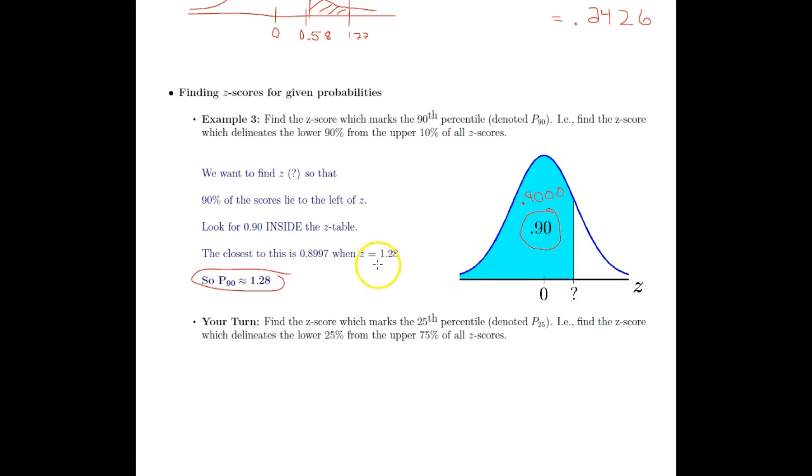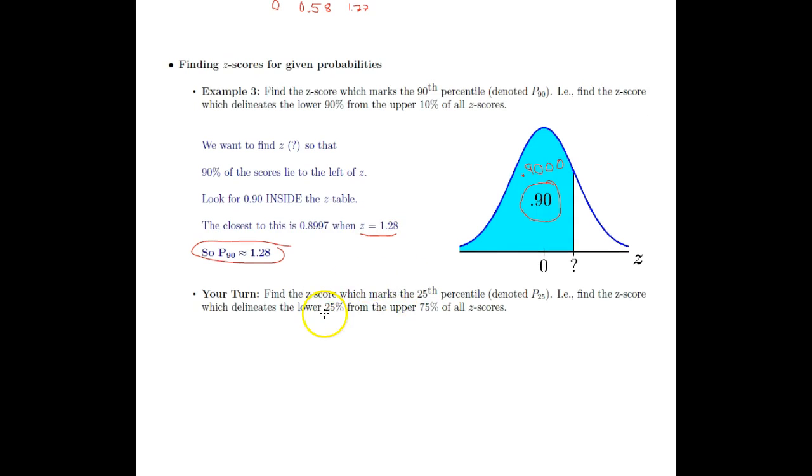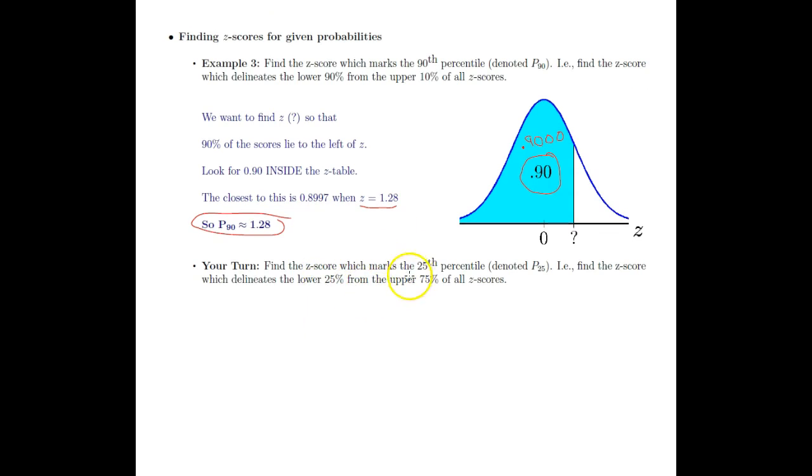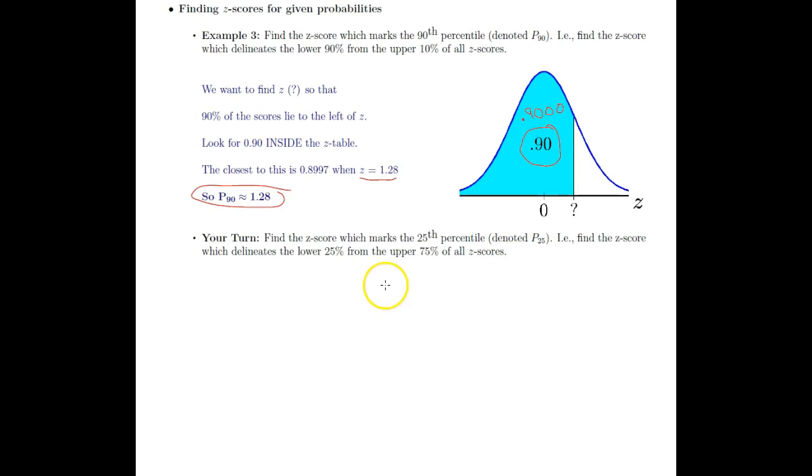And I like to denote that with a z equals 1.28 like the textbook does right here. Okay, so your turn. Find the z-score which marks the 25th percentile. So the z-score which delineates the lower 25% from the upper 75%. So go ahead, press pause, give this example a try, and then when you press play, I'll work my way through it.